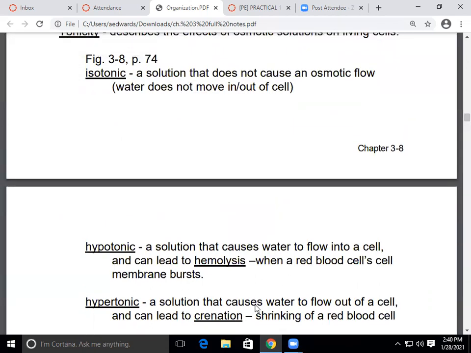So if there is no osmotic flow because the concentrations are equal, we call that isotonic. Okay. Now it says water does not move in or out. Technically, there's no net flow. Okay, it's just equal in both directions.